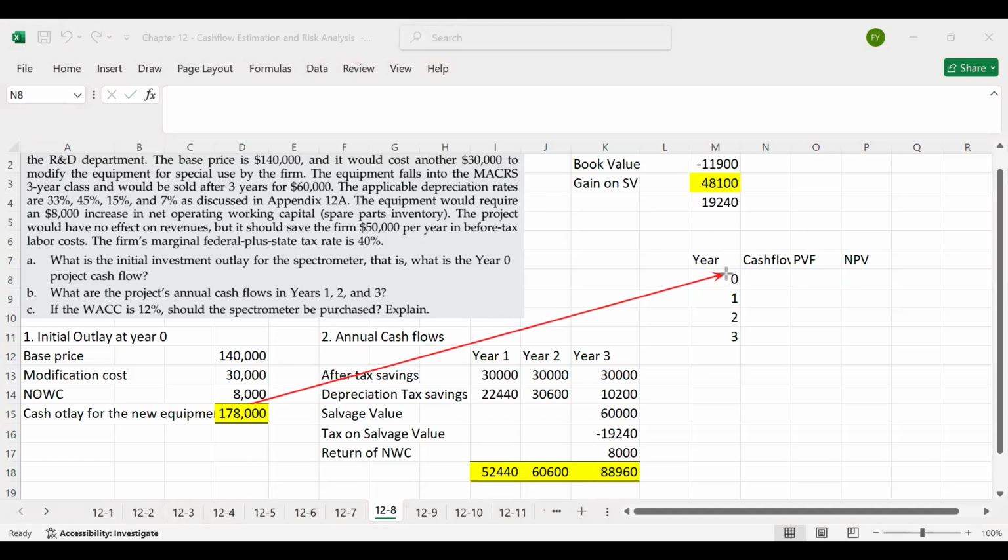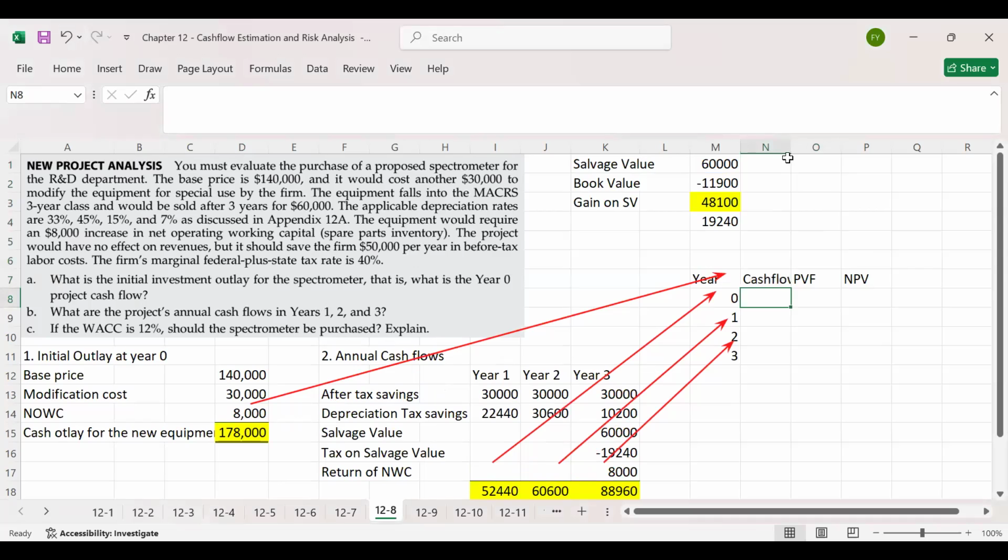Then at year 1, year 2, and year 3 these are the inflows. So cash flows, outflow means minus 178,000. First year it is 52,440. Second year it is 60,600. Third year it is 88,960.